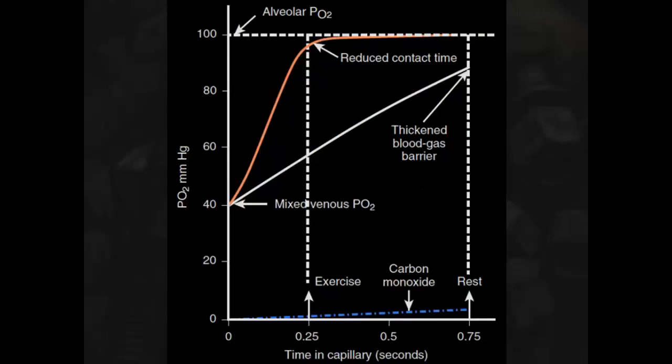So if I ask you, I have two patients, I don't know which one of them has COPD and which one has ILD, interstitial lung disease. Which of the two will have a perfectly good saturation at rest, and as soon as they stand up and walk, they're going to have a precipitous drop in their saturation?